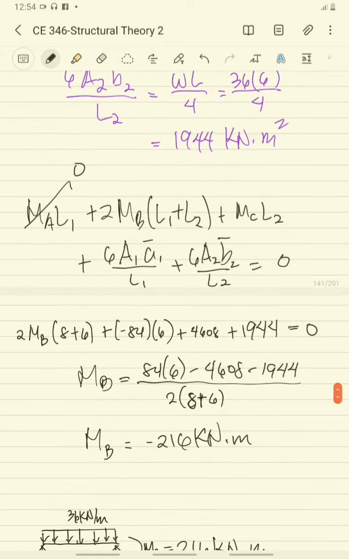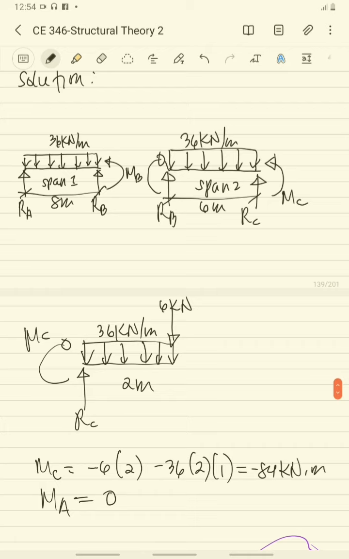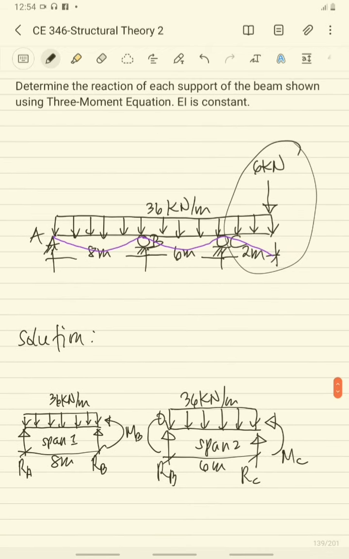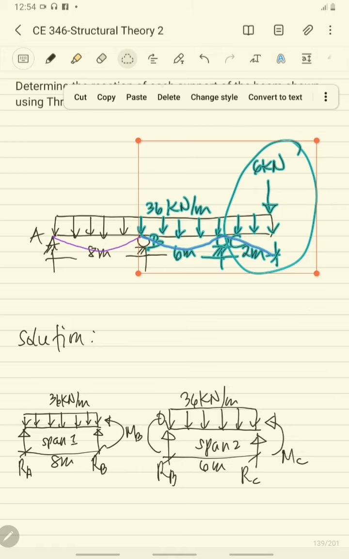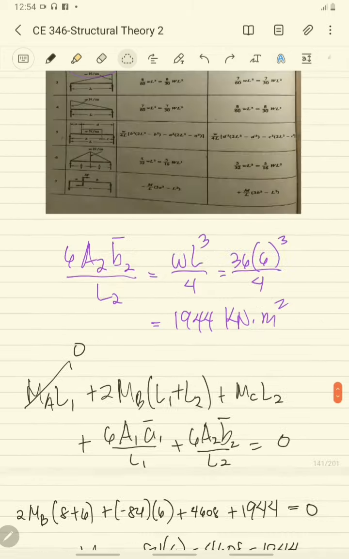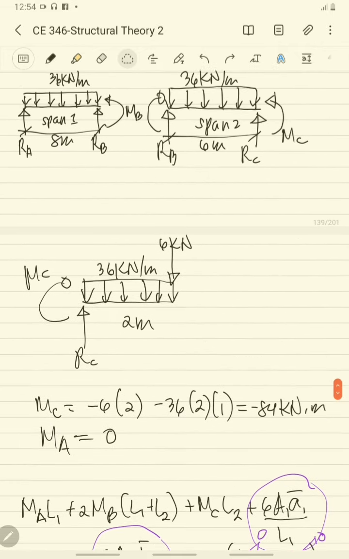For the right of B, we have to take this. I have to copy also this one.